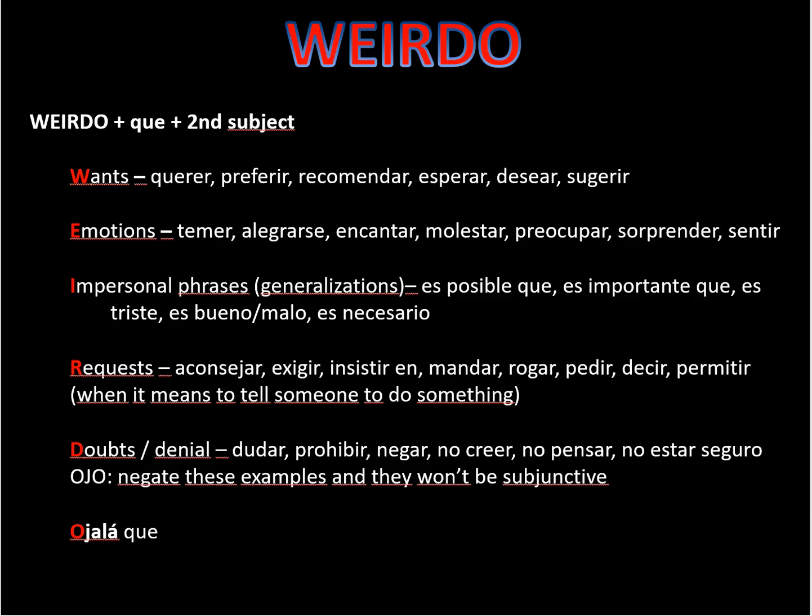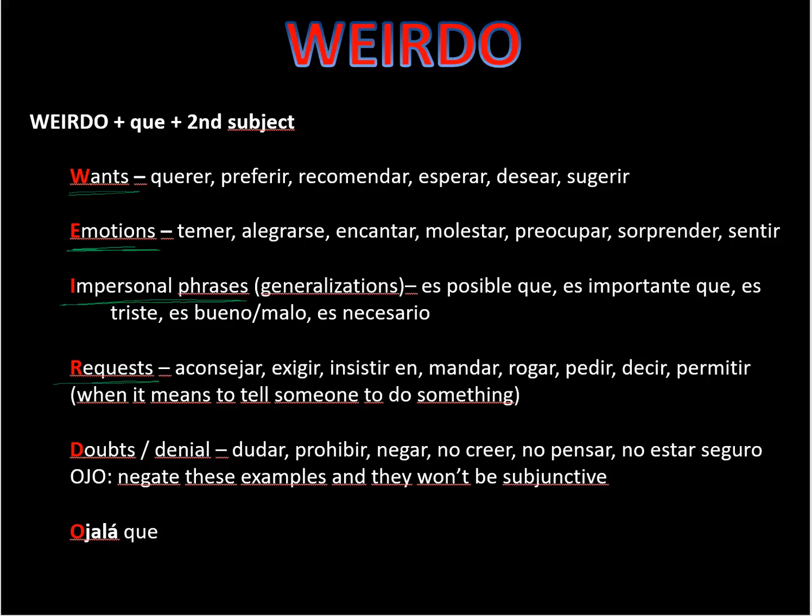Now, these are your weirdo expressions, and basically someone created this to help you remember when to use subjunctive. So when we have a want, I want that something happen. When we have an emotion, I fear that something will happen. I'm happy that something will happen. When we have an impersonal phrase, that it's possible that something will happen. When we have a request. I say you need to study.